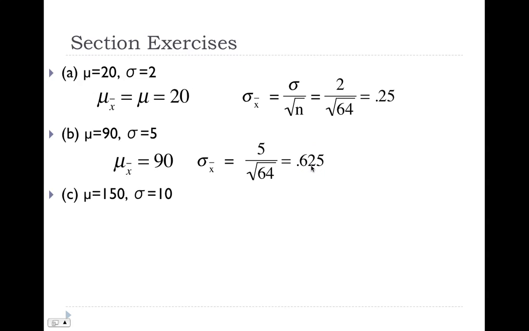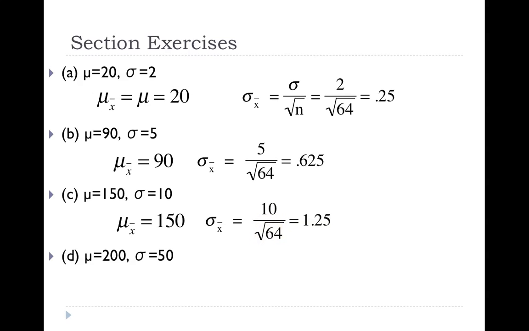Part C, the mean of the sampling distribution is mu sub x bar, which is 150, the same as the mean of the population, and sigma x bar, which is the standard error, is found by taking sigma divided by the square root of n, or the square root of 64, 1.25.